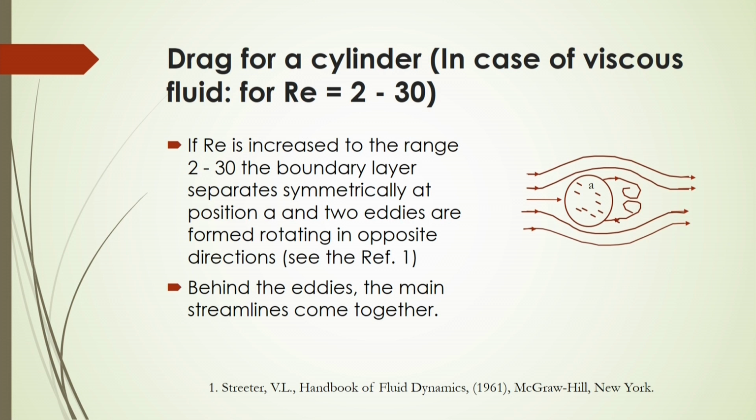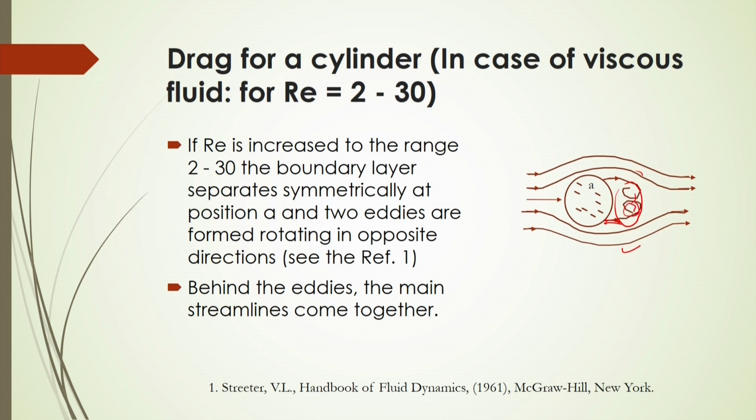Whereas, if we consider drag for a cylinder in case of viscous fluid for Reynolds number of 2 to 30, for this little bit higher Reynolds number, there will be a separation of the boundary layer symmetrically at position A, and two eddies are formed rotating in opposite directions. See in this reference how these eddies are formed, or the flow separates at this location from the cylinder, and behind the eddies the main streamlines come together, making a vortex here.